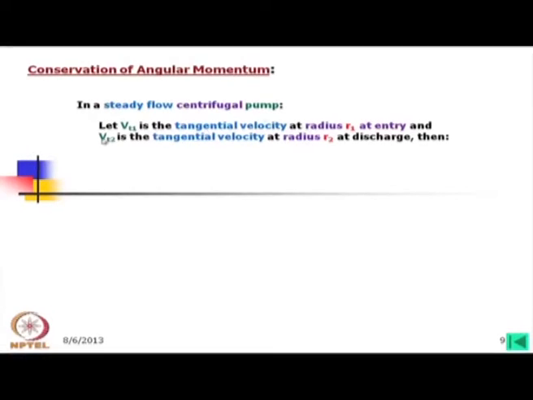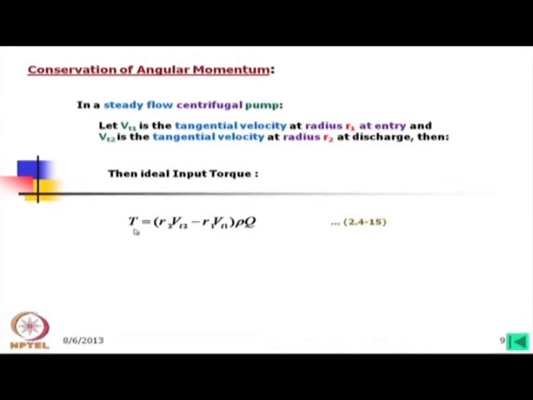Now, same thing when it is being discharged, the tangential velocity is V T 2 at radius r 2. Then we can write the ideal input torque T is equal to r 2 V T 2 minus r 1 V T 1 into rho, again density, into the flow rate.